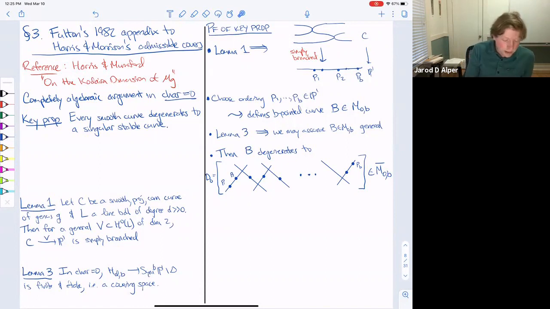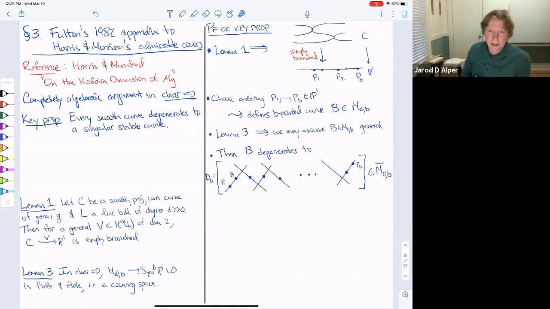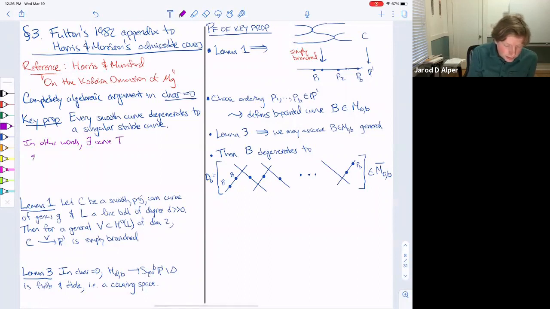And the key proposition, the main challenge for us, is to show that every smooth curve degenerates to a singular stable curve. In other words, there exists a family of curves, maybe a curve T and a map from T to M_g bar, such that T maps to C. This is your given smooth curve.